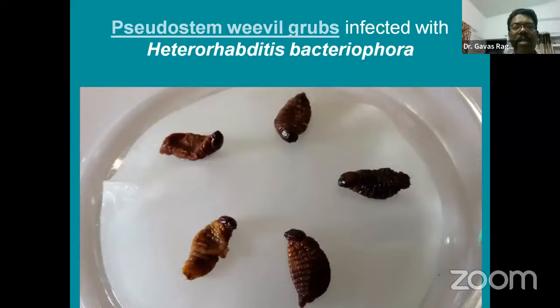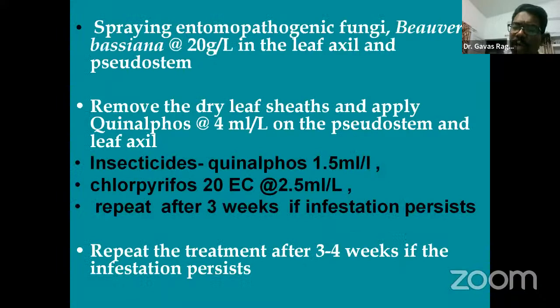Okay. In addition to this, under severe cases, we can also go for application of chemical methods. One of the favorite chemicals that we use is quinalphos. Under severe cases, we can go for quinalphos at the rate of 4 ml per liter onto the pseudostem and into the leaf axil.